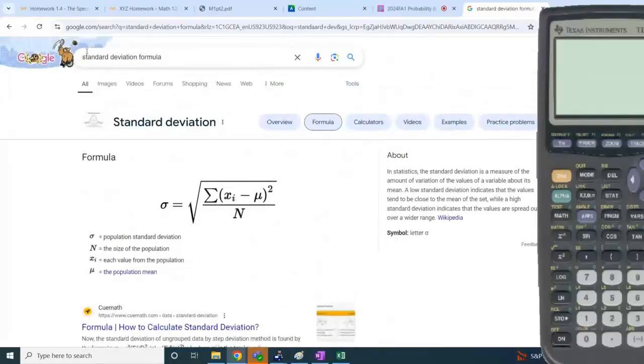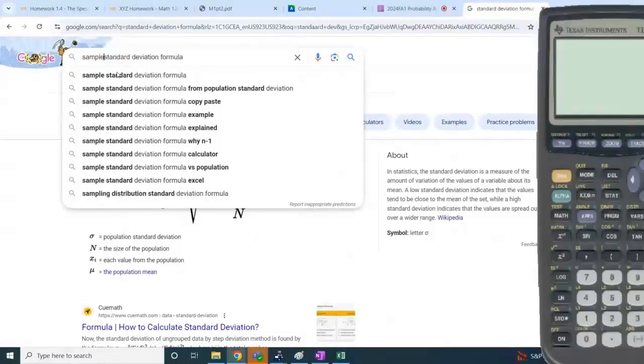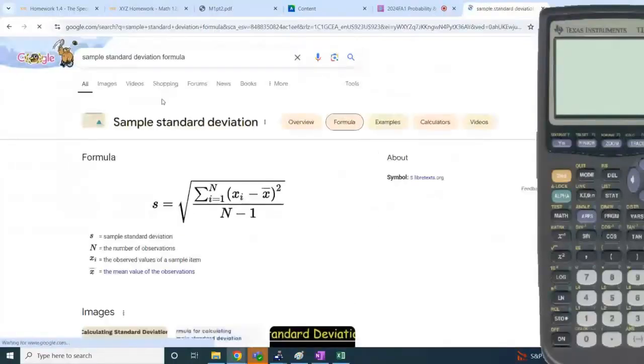Maybe I should be a little bit more specific. Sample. And this is the formula for what the sample standard deviation looks like.